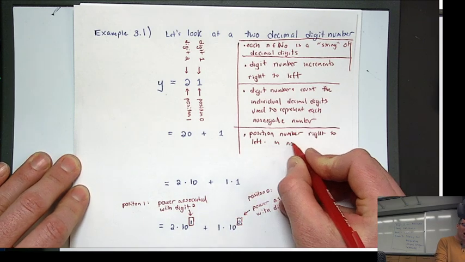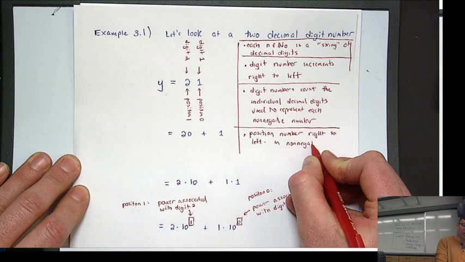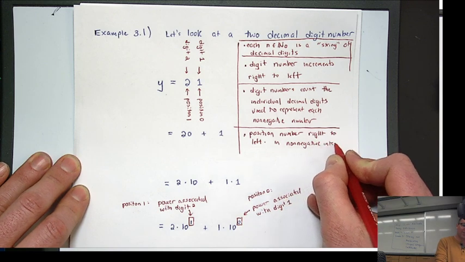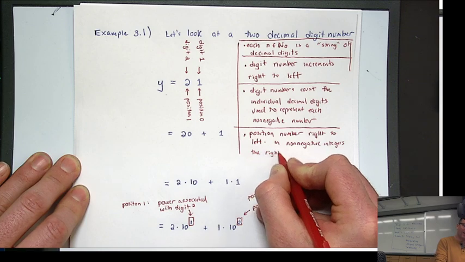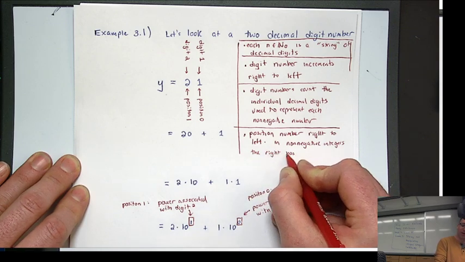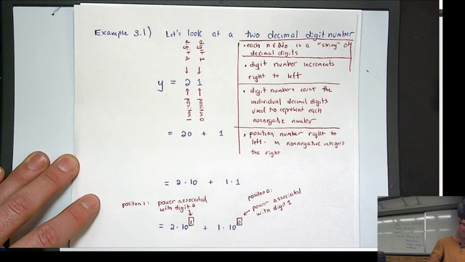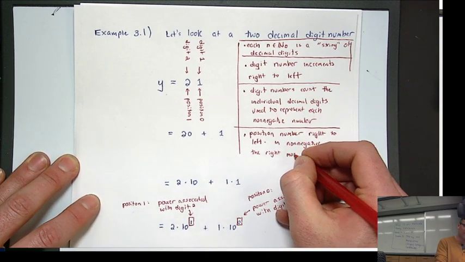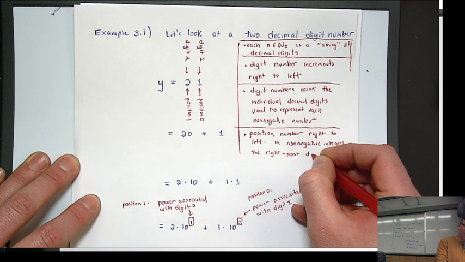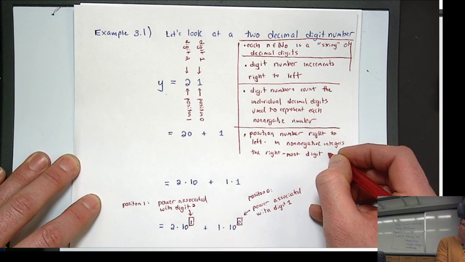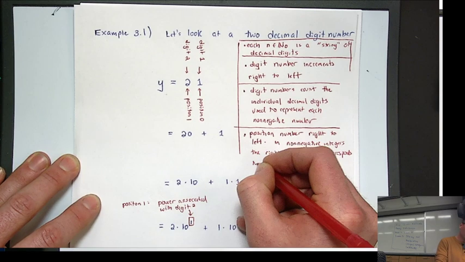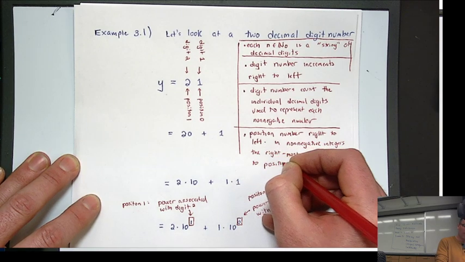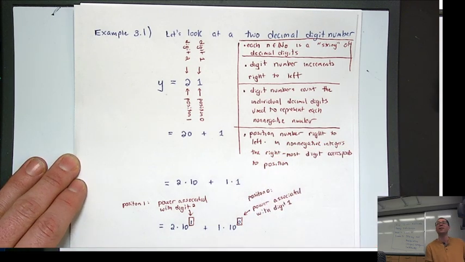In non-negative integers, we're going to come back to this later, the rightmost digit corresponds to what? Position 0.